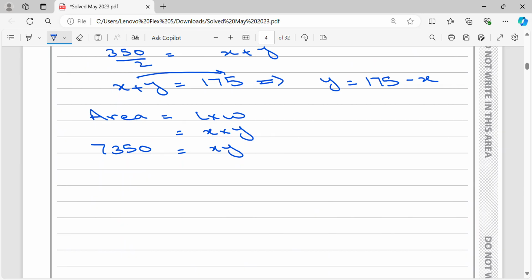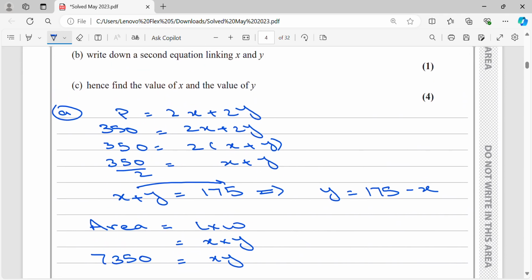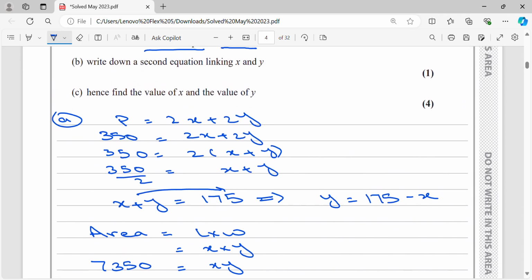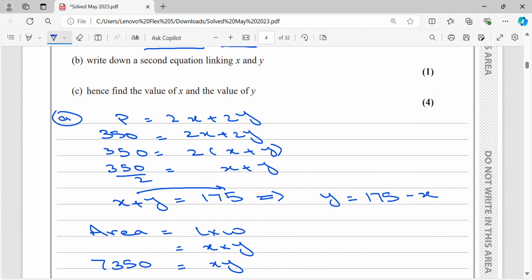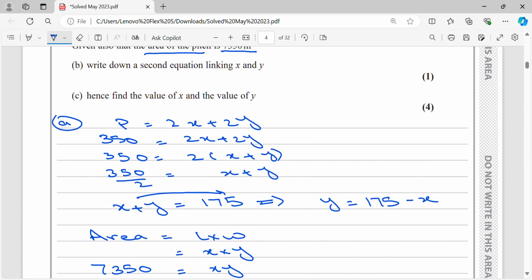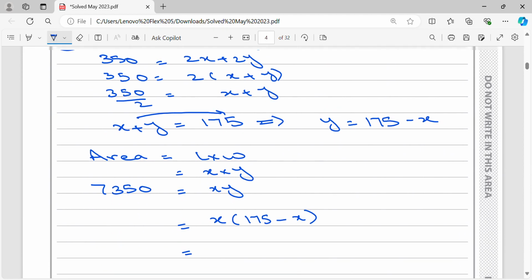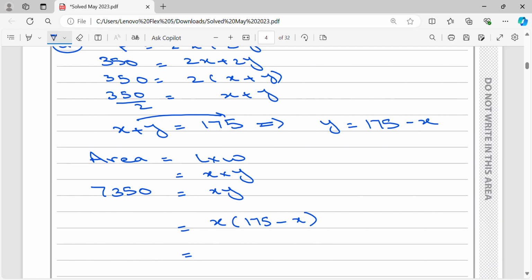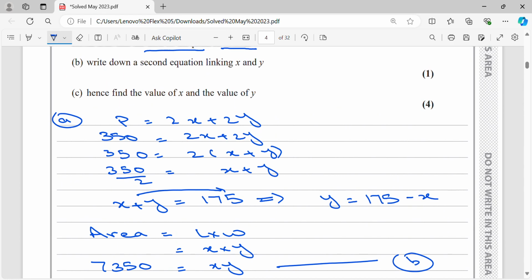That value of y, I'm going to substitute here to get rid of 2 variables. So y is 175 minus x. The question says write down the second equation linking x and y. Okay, B part, I'll stop it here. So this is the answer for B part. So B part is done till here.